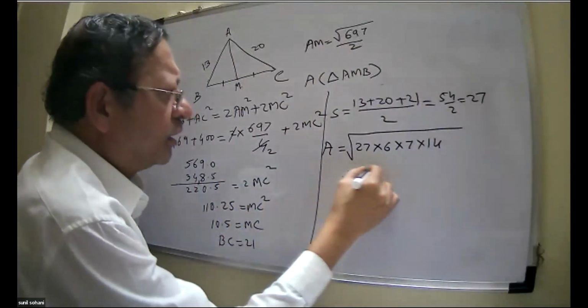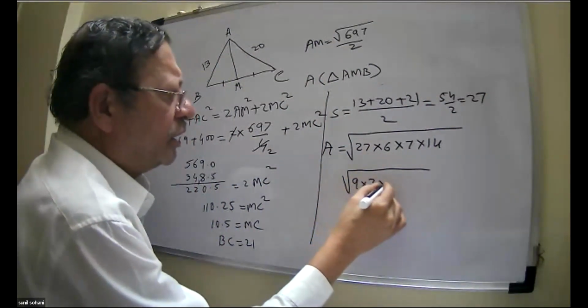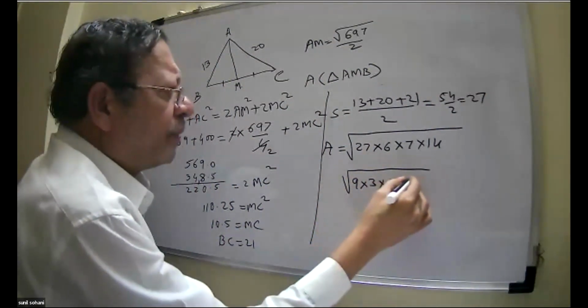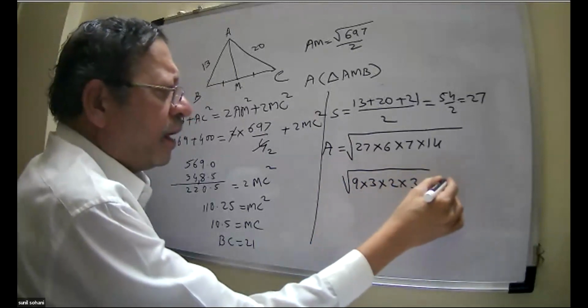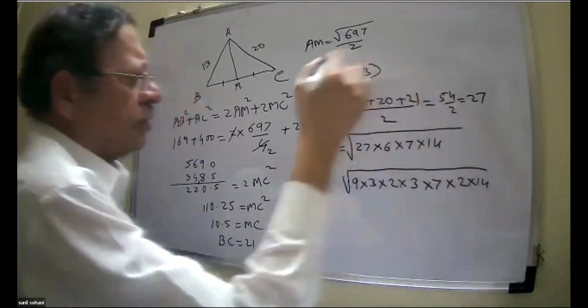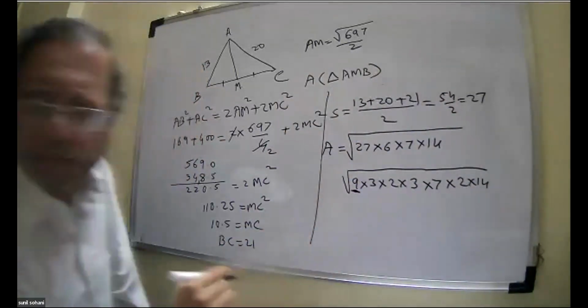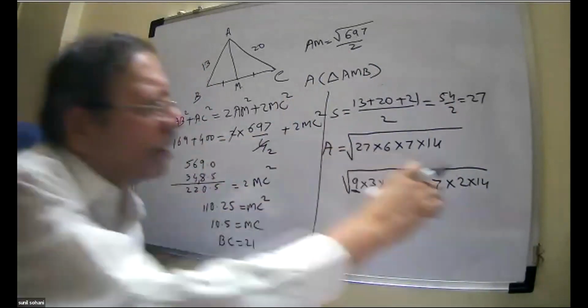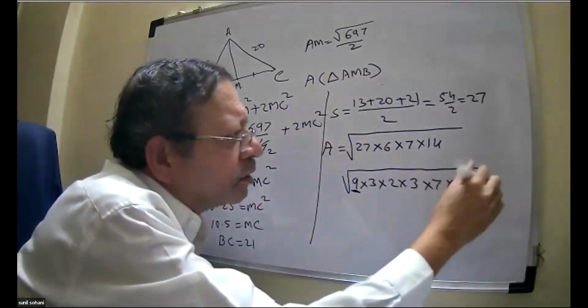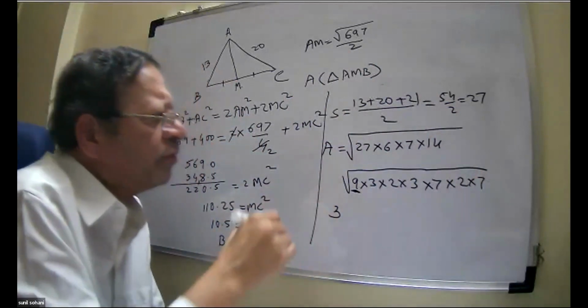So I split up the things. 27 I can write as 9 into 3, 6 as 2 into 3, 7 as 7, and 14 as 2 into 7. Now see, 9 itself is a perfect square, so it will come out as 3.